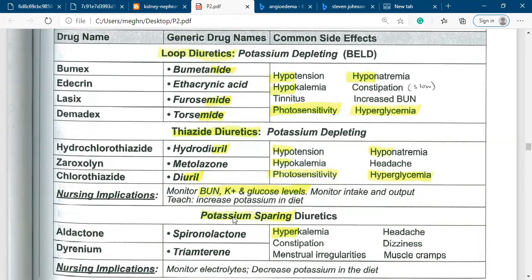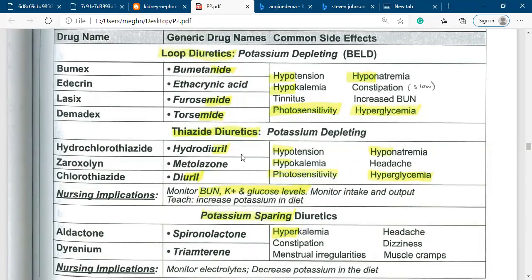Restriction, because they cause hyperkalemia. Hypokalemia or hyperkalemia can both cause dysrhythmia. If dysrhythmia is not treated, the patient dies.